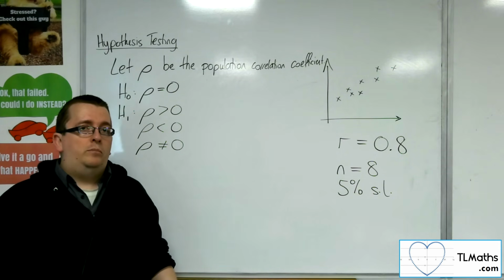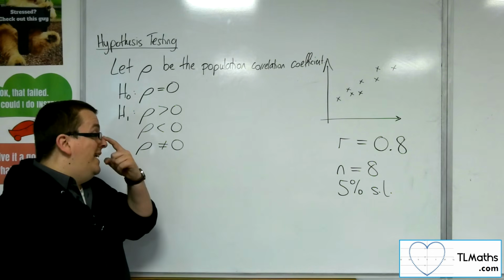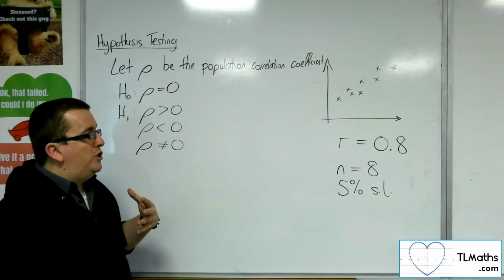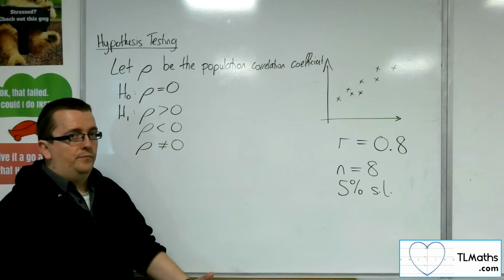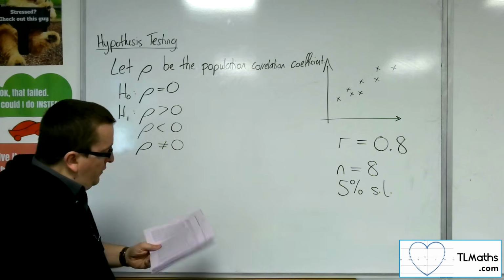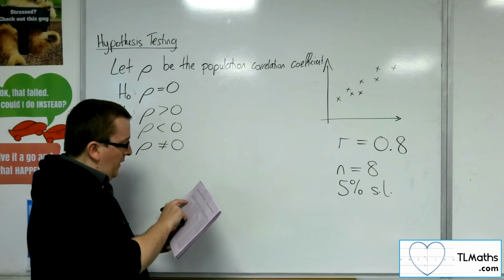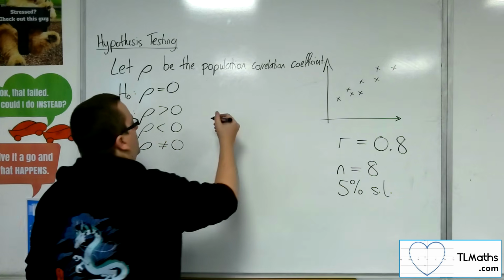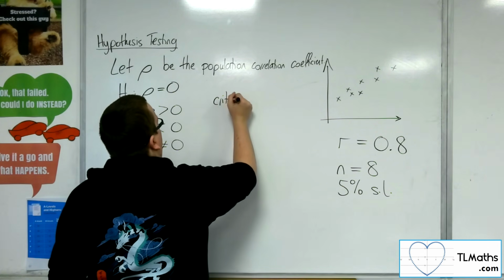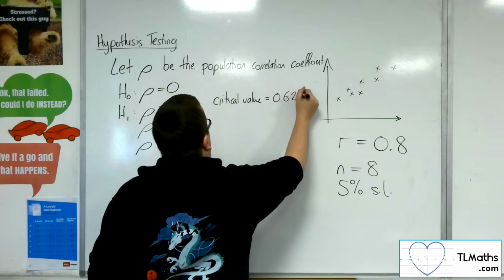AQA, however, doesn't have any statistical tables with it. So for AQA, if you were asked this question, you would be given the critical value as part of the question. The critical value that you would be given at a 5% level for n is 8 would be 0.6215.